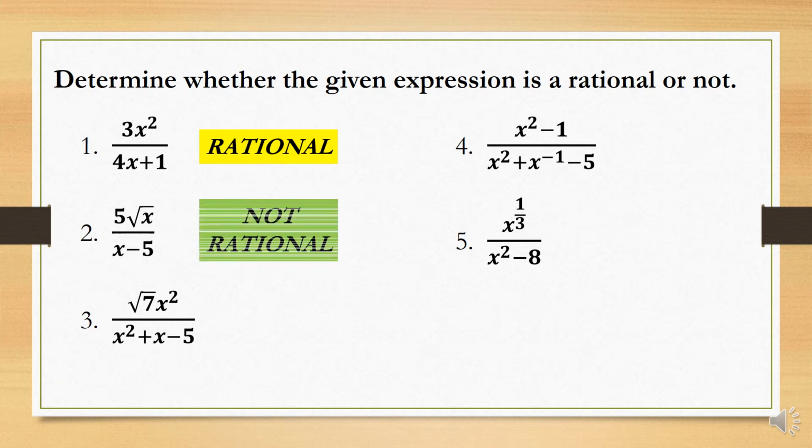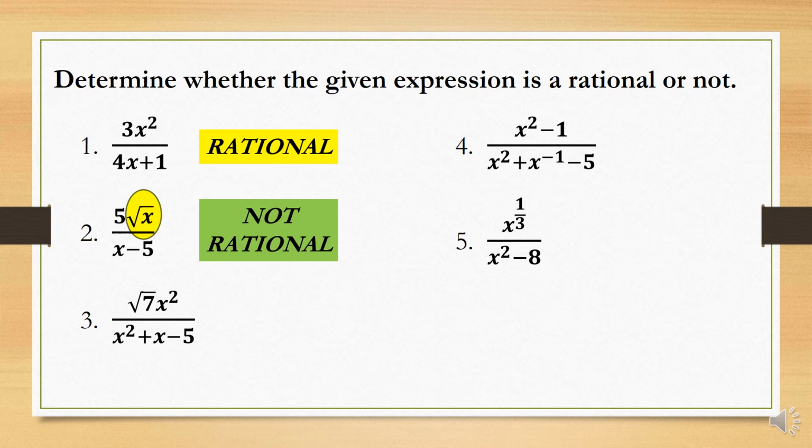The answer is not a rational expression. Why do you think that it is not a rational expression? Because you have observed that there is a variable inside the radical. That's why in the given expression, number 2, it is not rational.